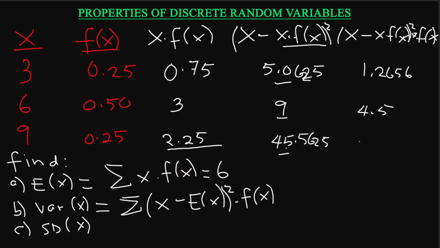The next, 0.25 times 45.5625, gives us 11.39. To get the variance, we need to sum across this estimate. So let's add all of it up. We get 17.1556.